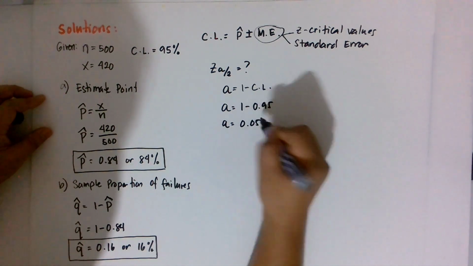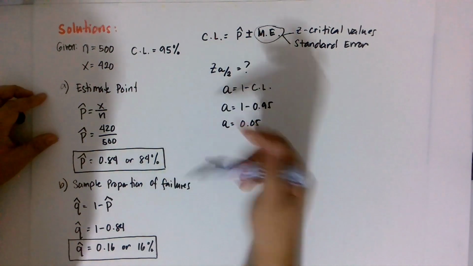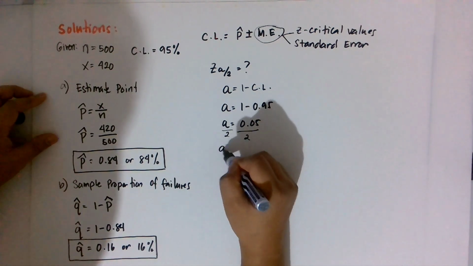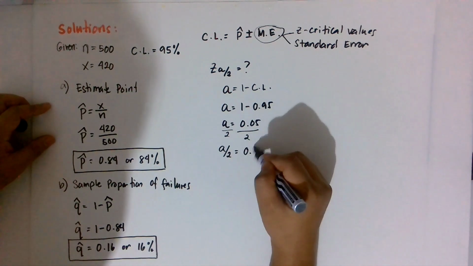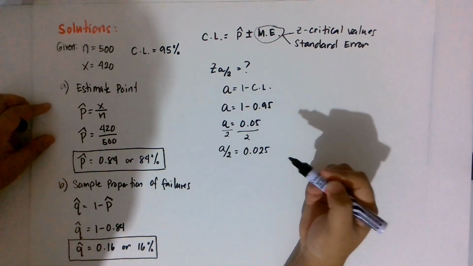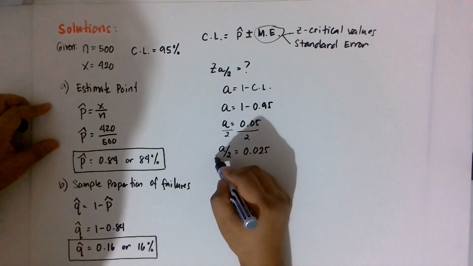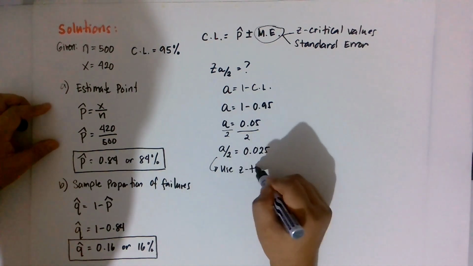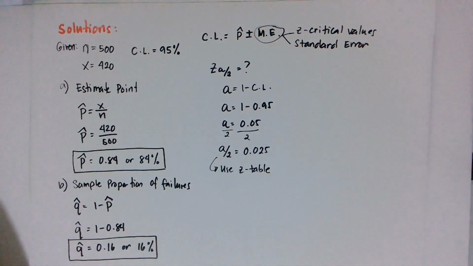And again, since alpha is being divided by 2, that's part of the formula. So, we have to divide 0.05 by 2, and that is 0.025. Ayan. Pag dinivide ninyo yung 0.05 by 2, the quotient is 0.025. At itong value na to ang hahanapin natin sa ating Z table. Okay? So, we will use the Z table para makuha natin yung Z critical value.